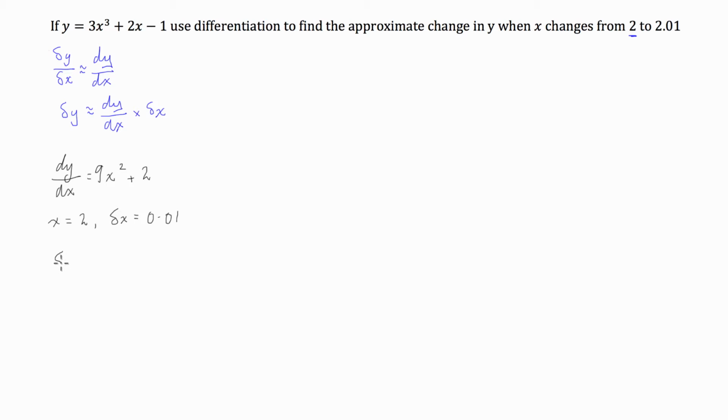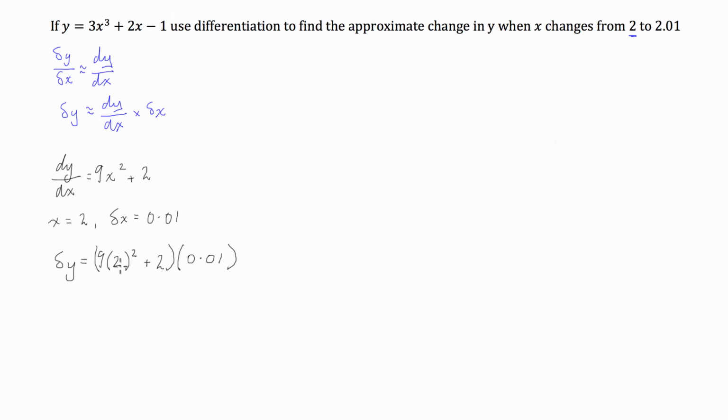So the incremental change in y is going to be equal to 9 times 2 squared plus 2, and then we multiply that whole lot by the incremental change in x, which is 0.01.